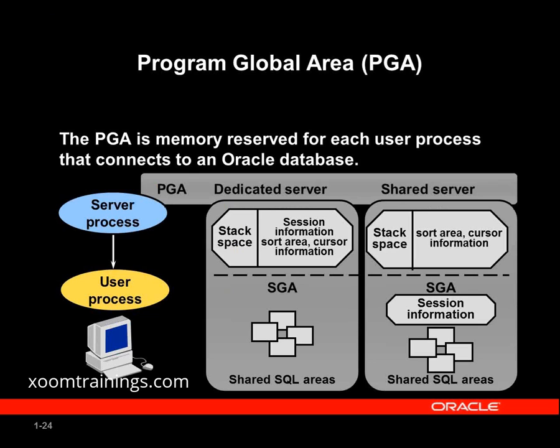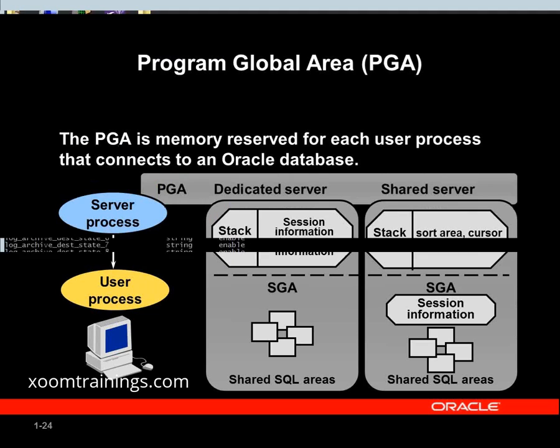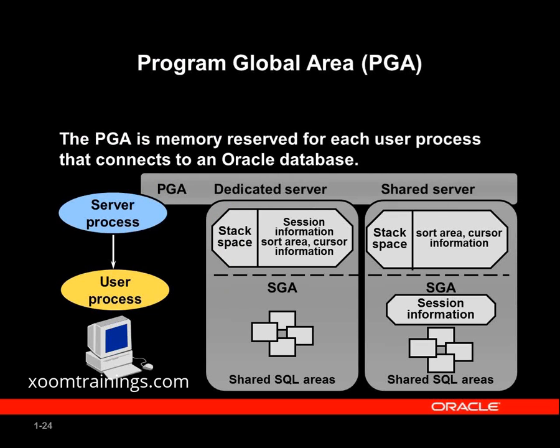If three users want to connect to our database and we have three processes allocated, one for every user, then they are dedicated. And if for three users we have only one server process shared among the three users, then that is a shared server.